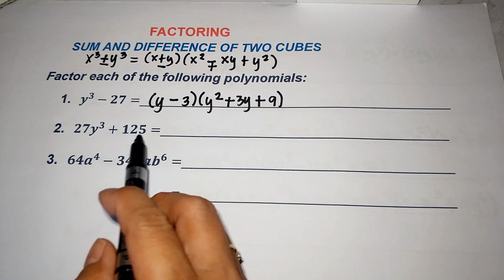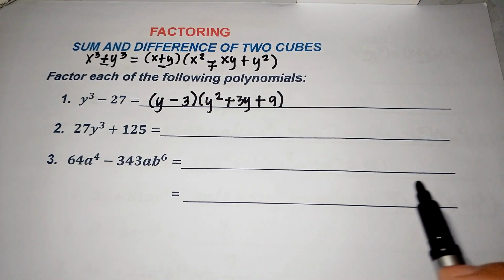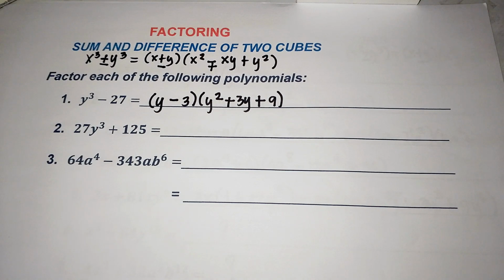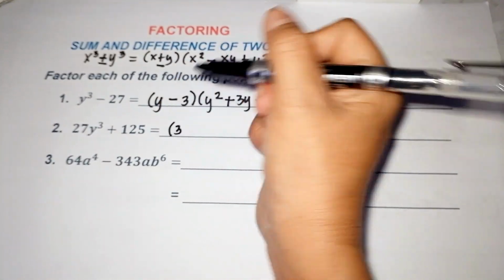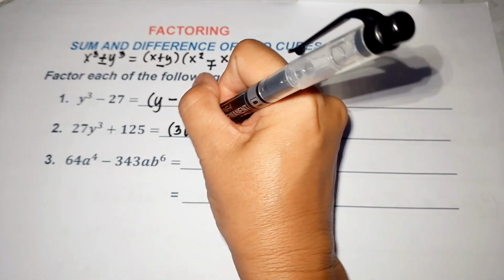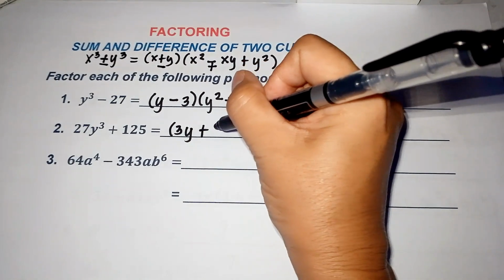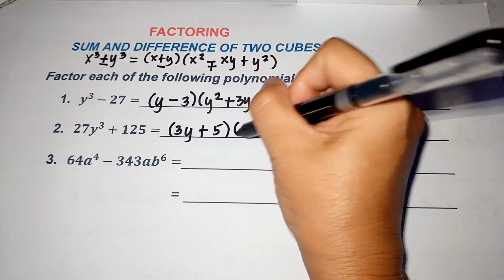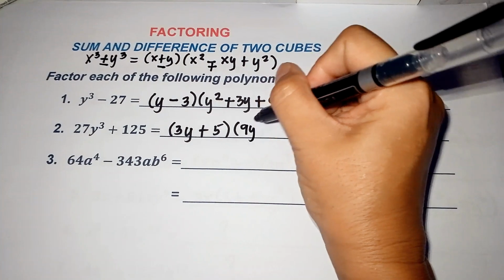For number 2, 27y cubed and 125 are also all perfect cubes. So we proceed to find the cube roots. The cube root of 27 again is 3. Let's form the binomial now. We have 3, and the cube root of y cubed is y. Then plus, the cube root of 125 is 5. Then times, we square 3y, 9y squared.